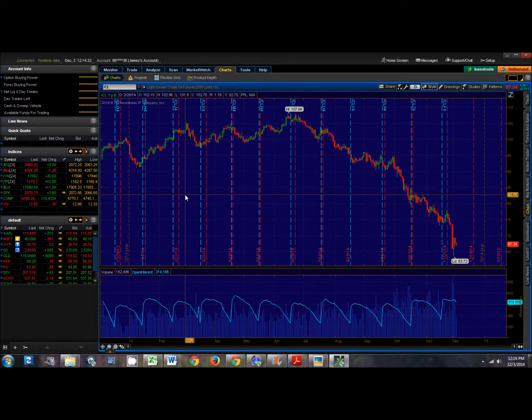So I'm looking at oil, and the first thing I want to do, as we've talked about in class all semester, is that oil has been in an absolute free fall. If you're going to trade with the trend, just looking at a basic 1-year daily chart, it's very obvious that this thing is falling off the table, right?